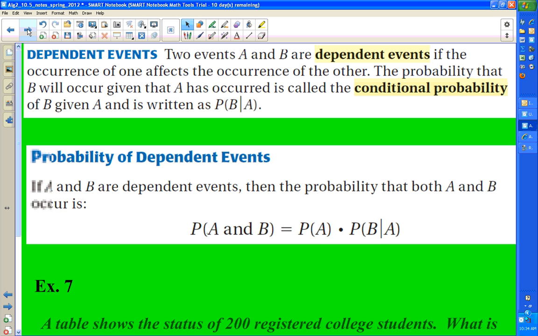But if we wanted to go spade, spade, and she keeps that ace of spades, what's the probability that her first card was a spade? 1 in 4. That's 1 in 4. What's the probability the second card is a spade? 12 out of 51. There's only 12 spades left in the deck.